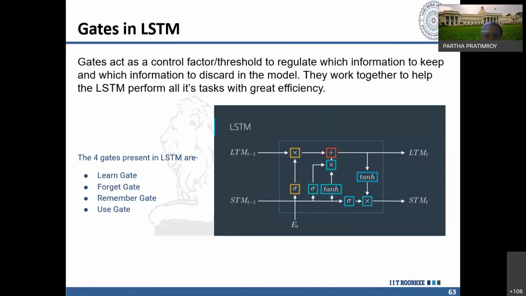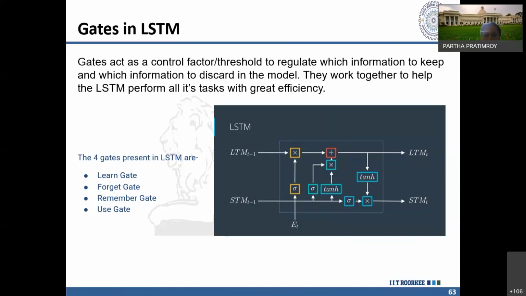There are 4 gates present: learning gate, forget gate, remember gate, and use gate.